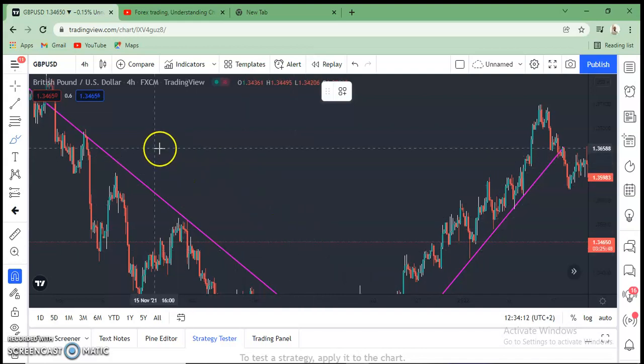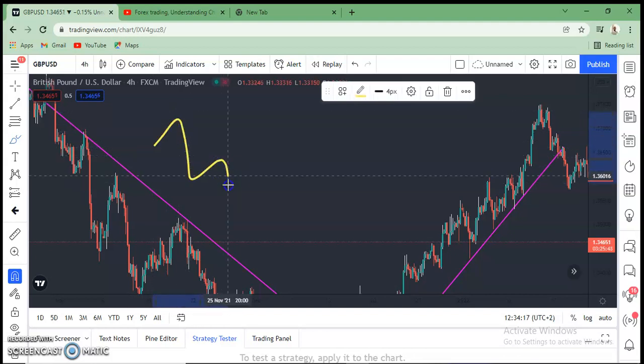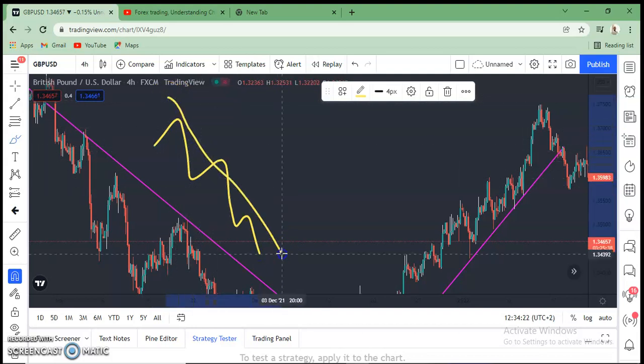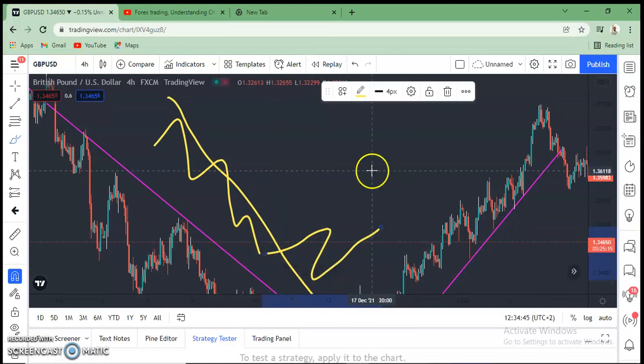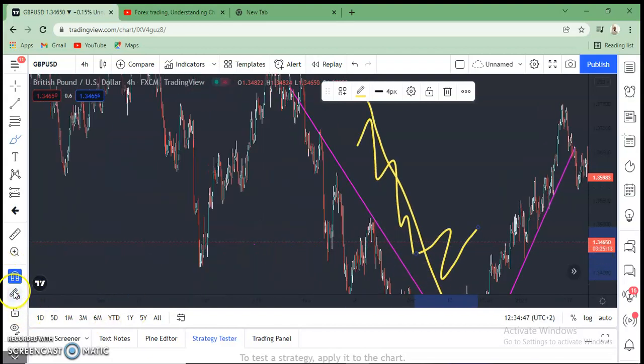Like now, if it was a downtrend this way, and then we draw our trend line here, for us to know that the market is becoming bullish, or it wants to go up, it will break this trend line here, and then it will not keep going up. It will come again and rest here, then it will go. I hope you're understanding what I'm saying.